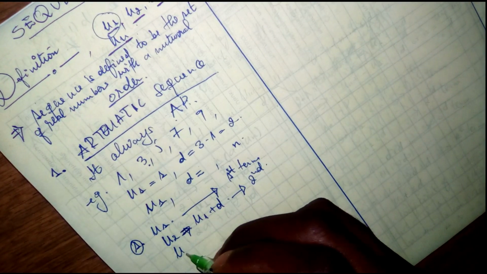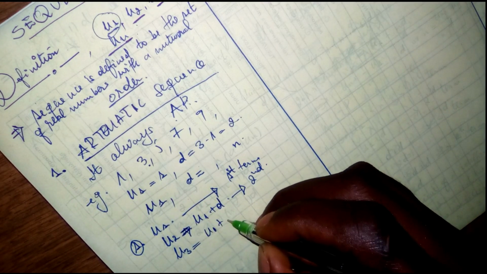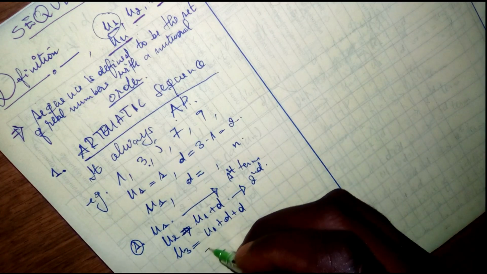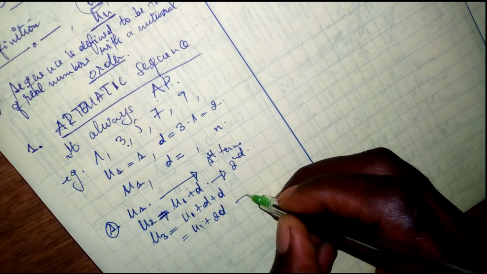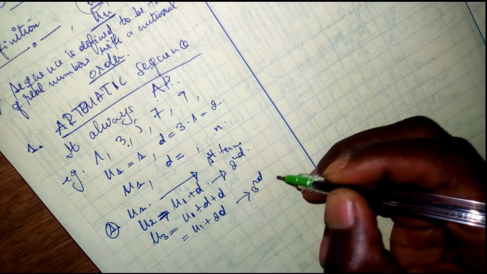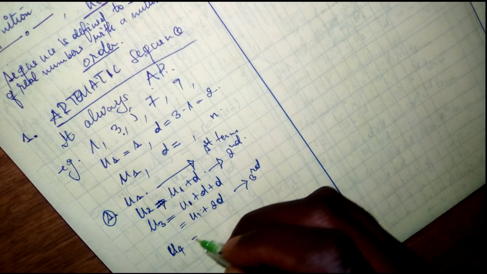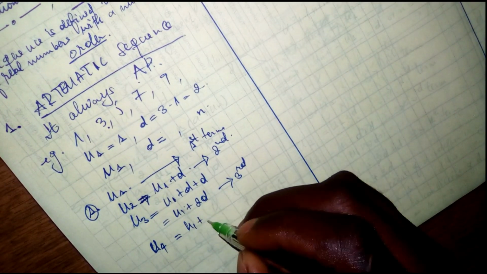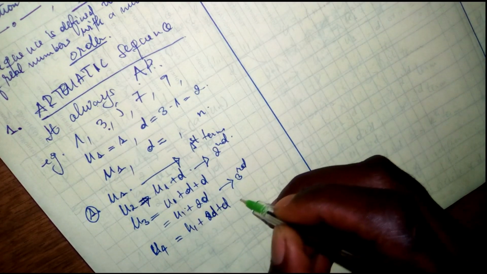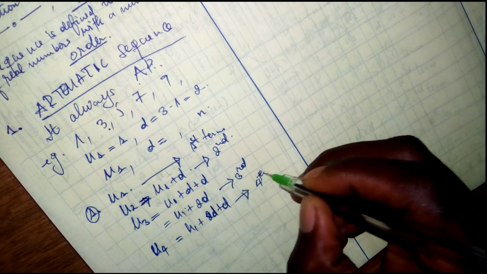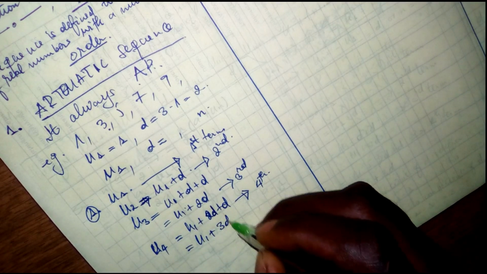Thirdly, we have u1 plus d plus d, and that means it is u1 plus 2d, and that represents the third term. Fourth, we have u4, which is equal to u1 plus 2d plus d, and this represents the fourth term. So this will become u1 plus 3d.